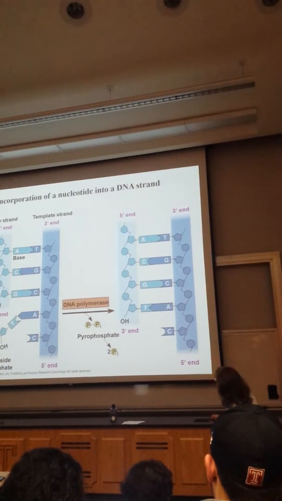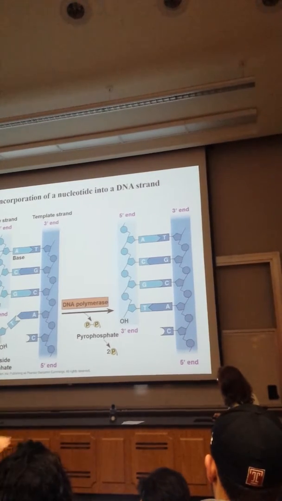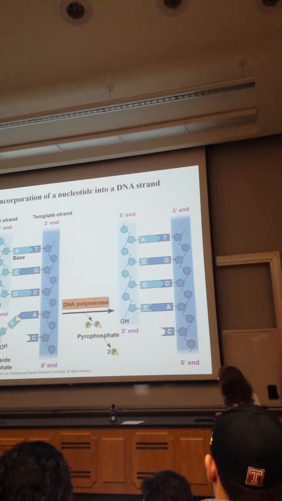So a phosphodiester linkage is generated between the alpha phosphate and the 3' hydroxyl of the base present in the growing nucleic acid strand.